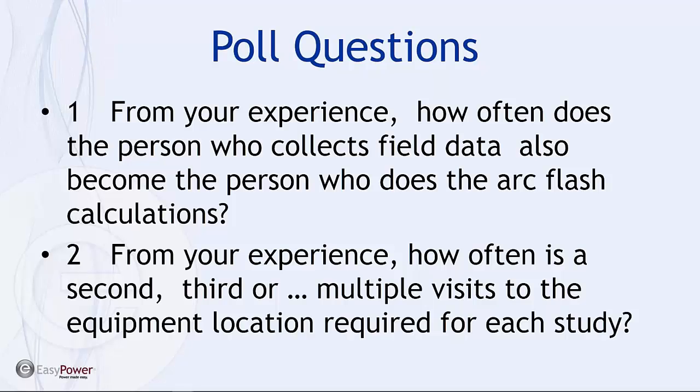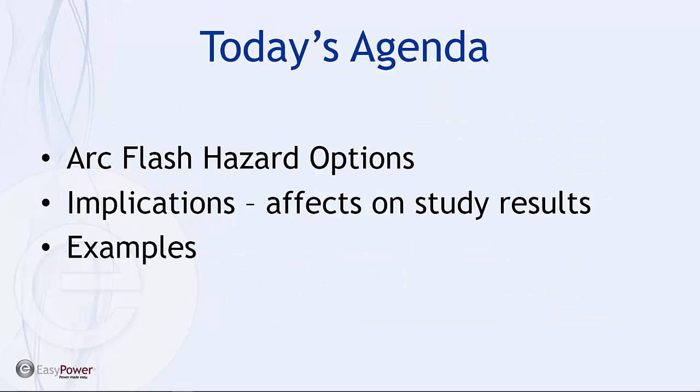All right, so let's jump into the topic. Today's agenda is primarily on the arc flash options, and the point is that the better these are utilized, the more comprehensive the study will reflect the actual conditions of the system.